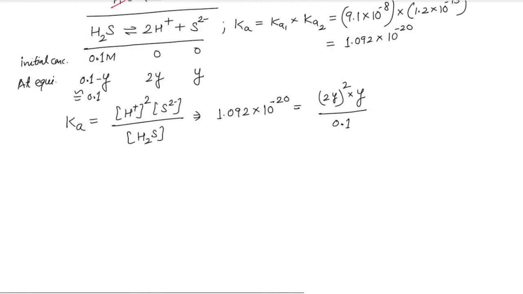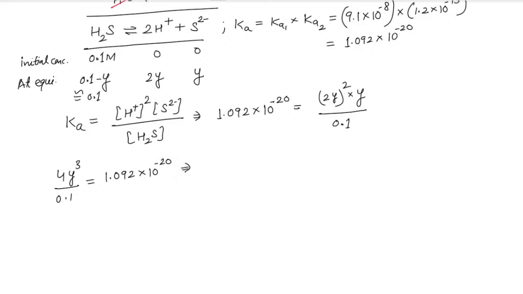Okay, so it becomes 2 to the 4 y square into y square, means 4y cube over 0.1 equal to 1.092 into 10 raised to power minus 20.